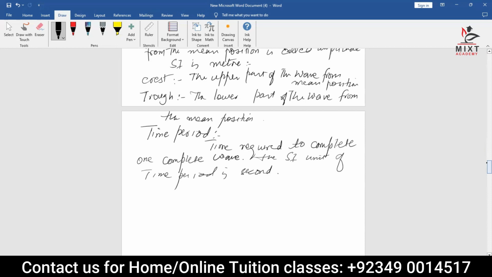Okay. Now, when I say wave, remember that wave means one crest along with the trough. So, one crest and one trough means one wave, complete wave.